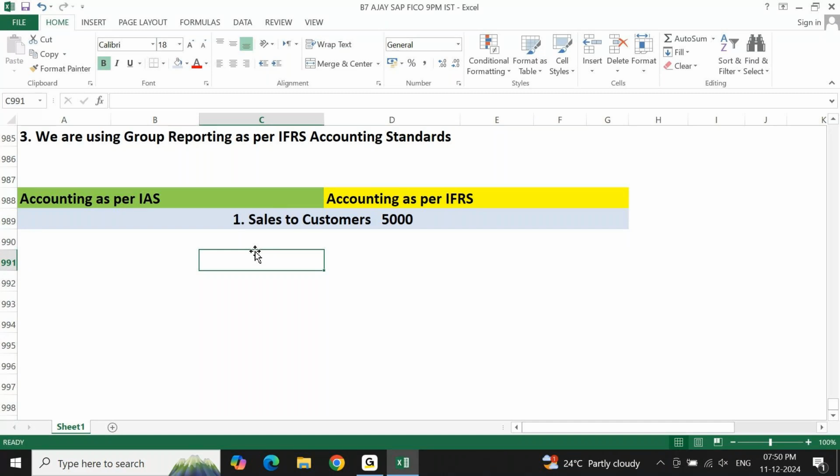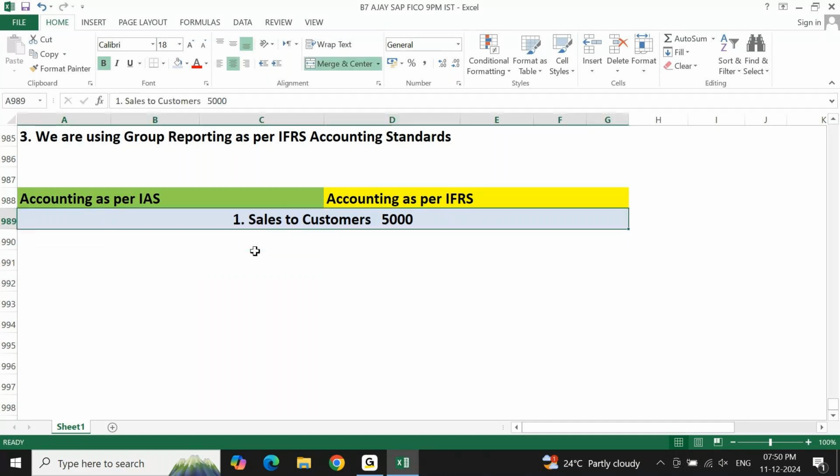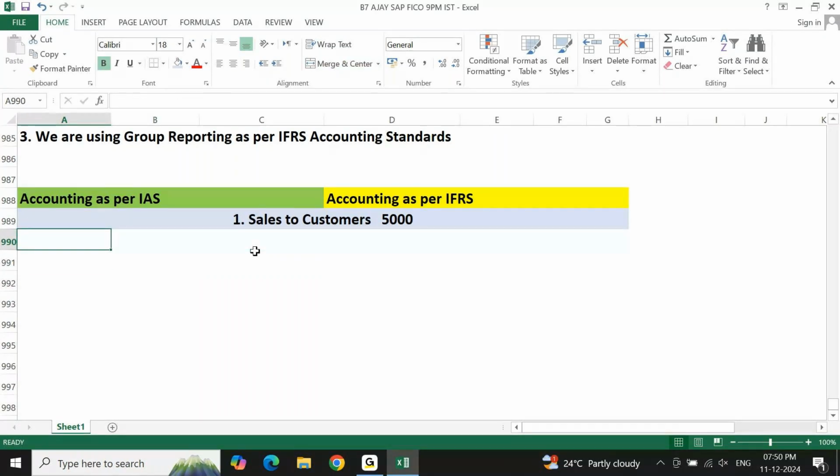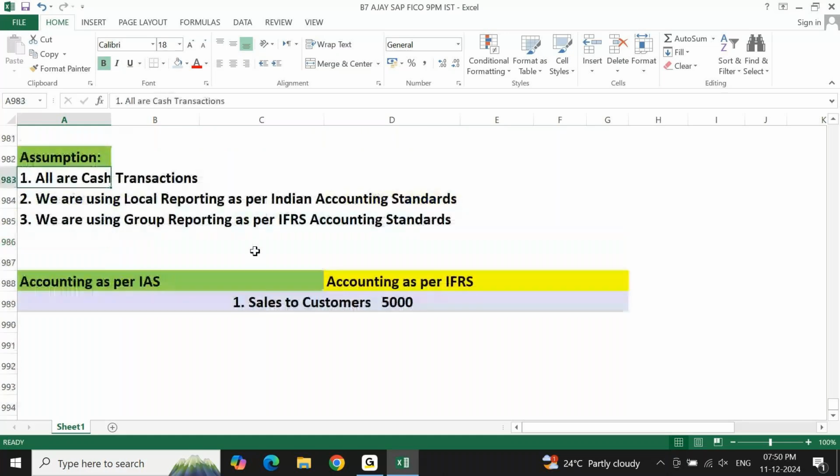Yes. Right? So according to Indian accounting standard or according to IFRS accounting standard, based on the transaction, journal entry, meaning debit, credit will remain the same. In this example, what will be the accounting entry? Cash to sales. We will not be taking the customer account because I am assuming everything is a cash transaction.